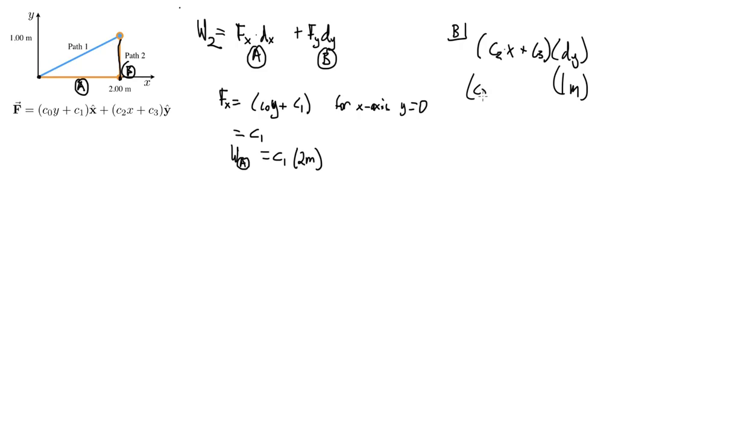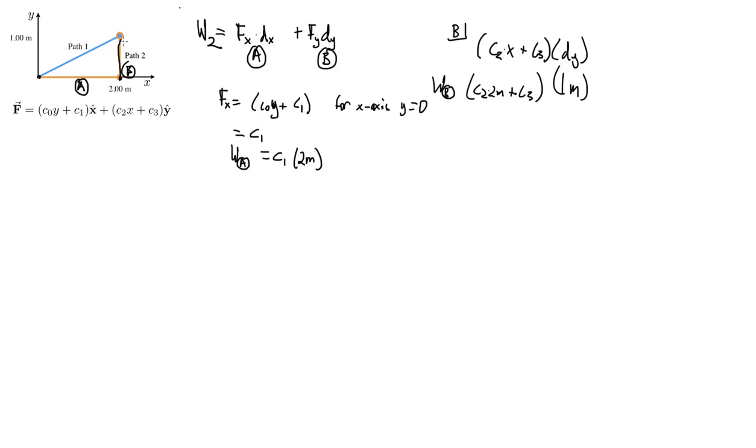C2 times x. But what's x here? Oh, look at this. It's 2 meters. So C2 times 2 meters plus C3. I'll be able to figure that out. Everything's given in this problem. Just calculate it out. And that's the full work along path 2. It's just the sum of these two numbers. Pretty slick.